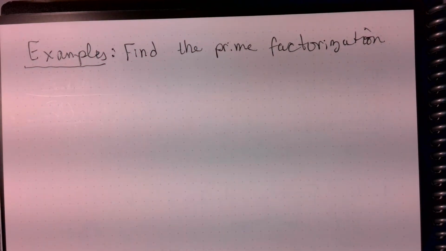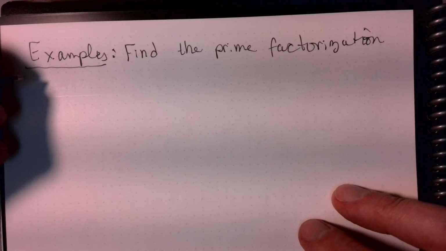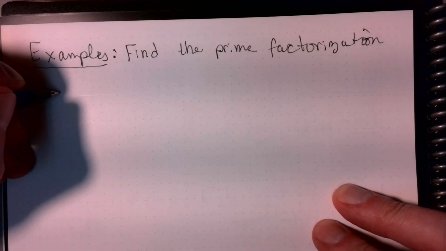What I want to do is express these numbers as the product of prime numbers. Okay, let's start with an example right here. Let's do 20.